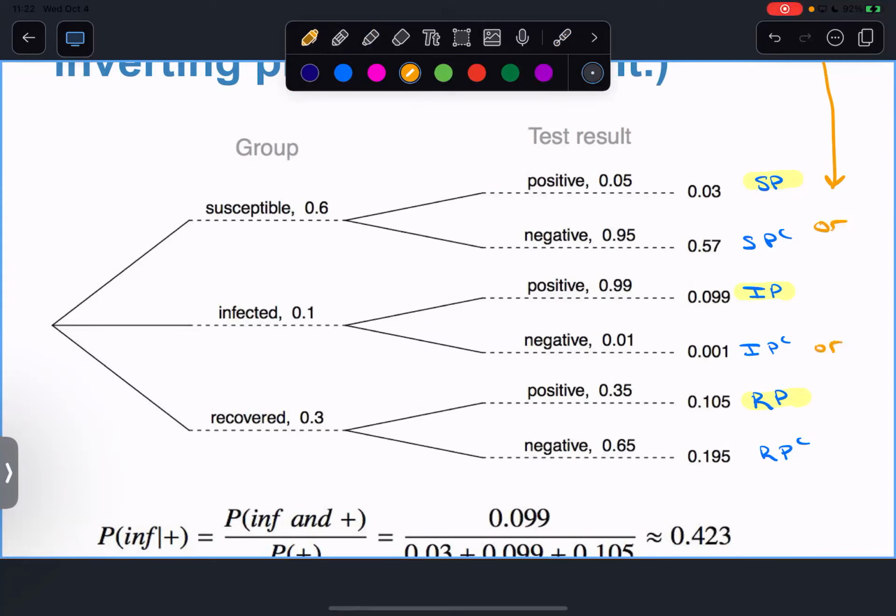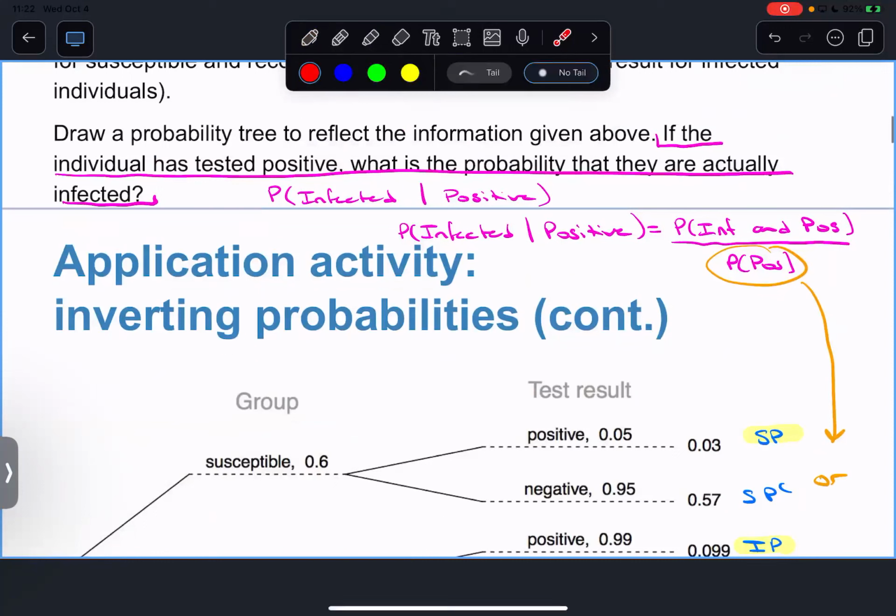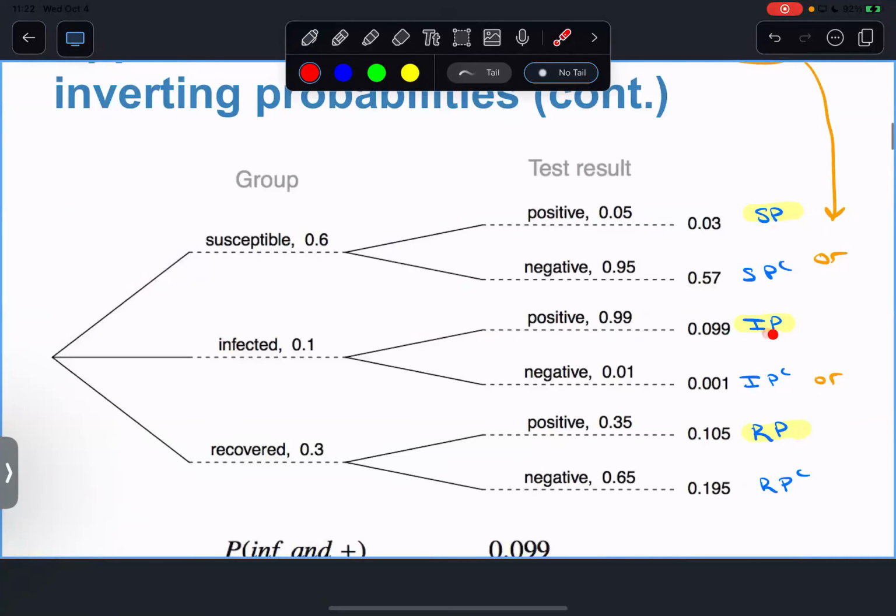Which means you're going to add those all up. The top probability is not hard. Infected and positive is just one branch. That's this IP here.